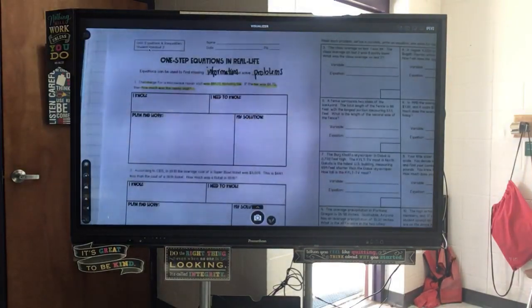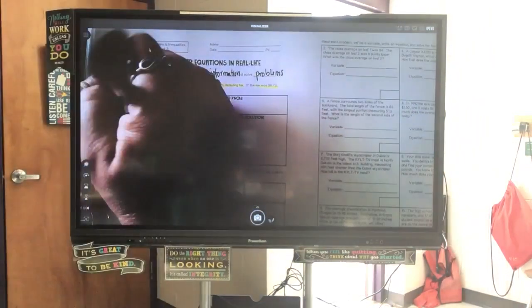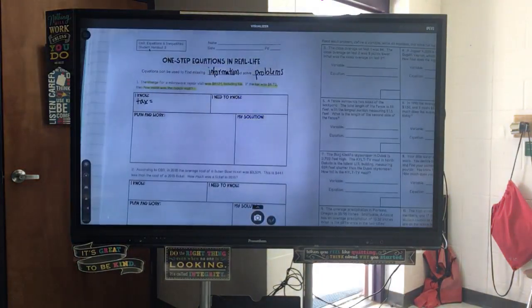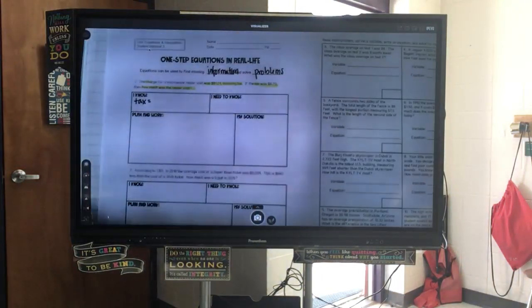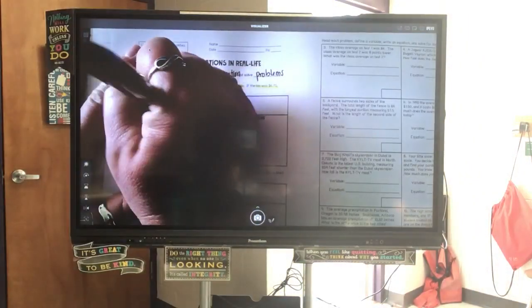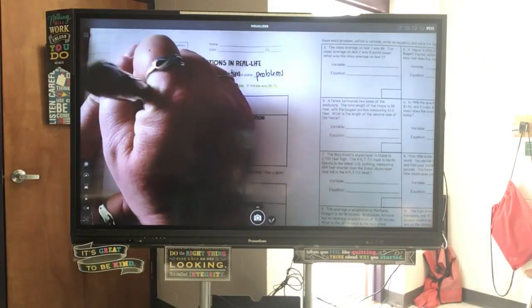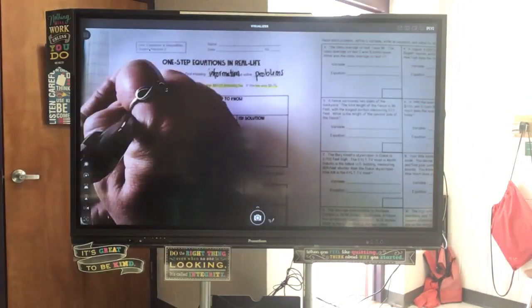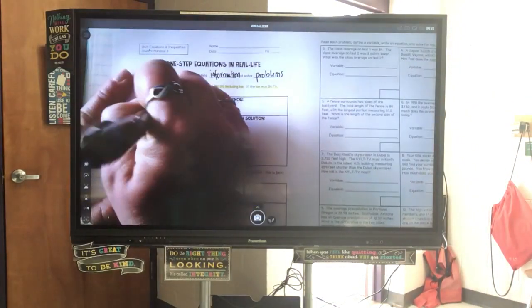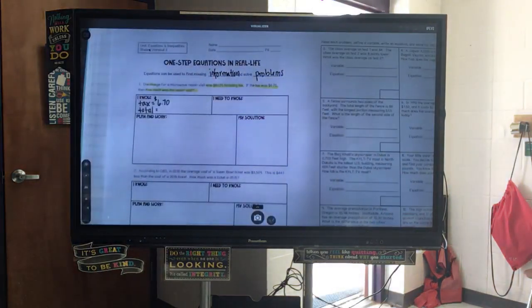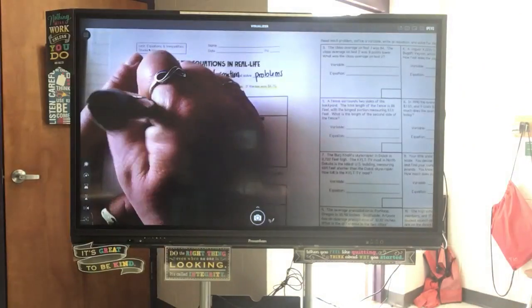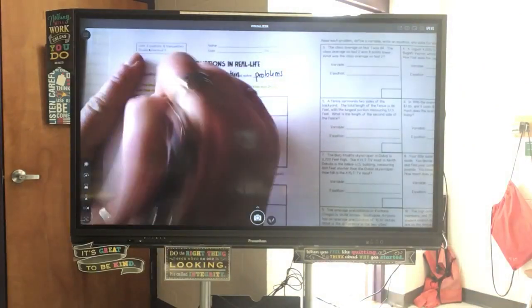So what do we know? We know the tax, right? How much did it tell us the tax was? Emma? $6.70. $6.70, right? Yep. And it also told us what? Told us the total. What was the total? $81.21.